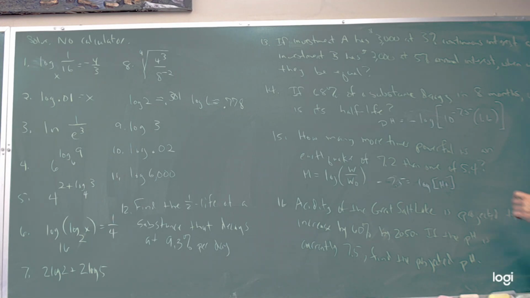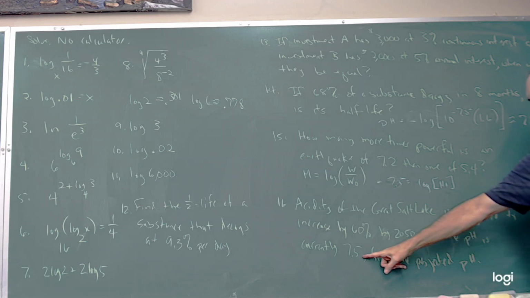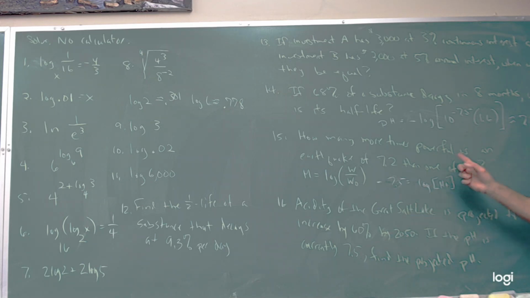It's about 7.3. So you can see that because this scale is logarithmic, even though we increased it by 60%, the change from 7.5 to 7.3 was pretty small. So a small change in pH can represent a big change in the number of hydrogen ions.